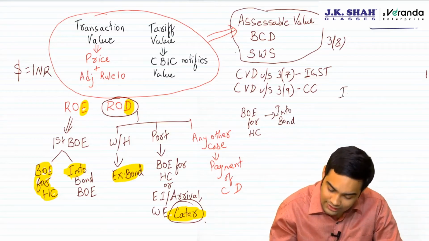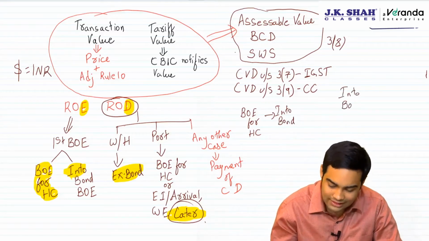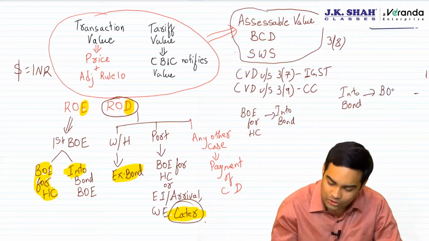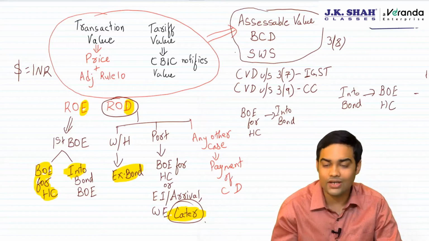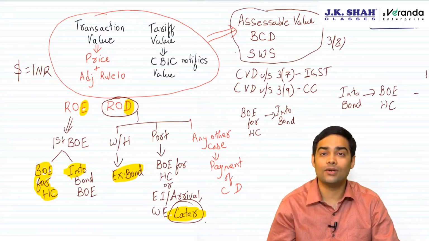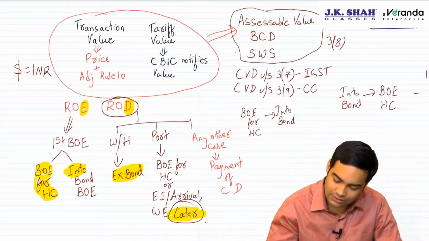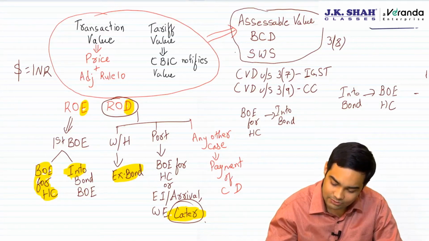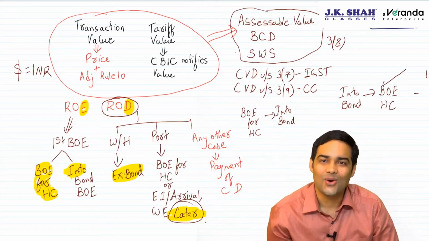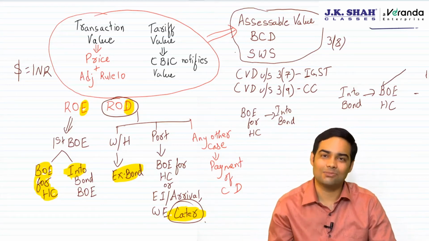But say suppose I convert into bond. First I gave into bond. Then I immediately say no, I want to clear the goods now and I file bill of entry for home consumption. Which day's rate of duty will be considered? Sir, date of substitution. When I say date of substitution, what do I mean? The day when I file that bill of entry for home consumption, that is date of substitution.